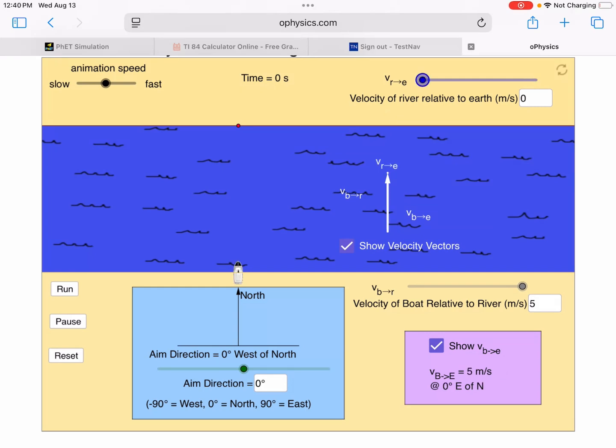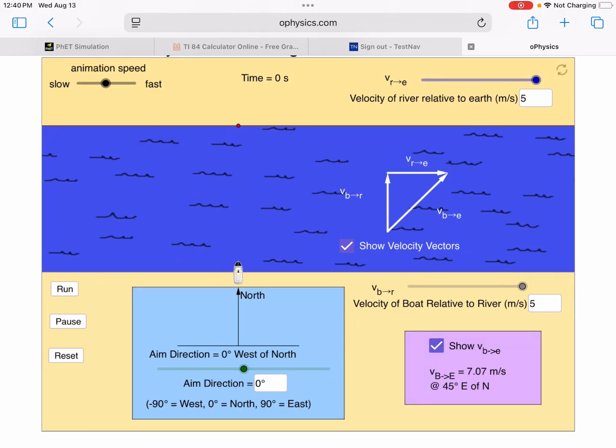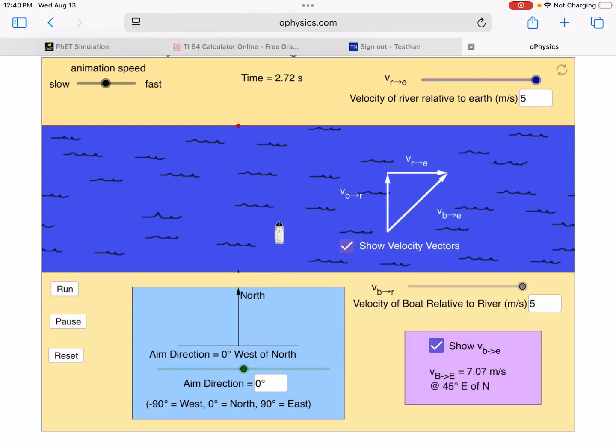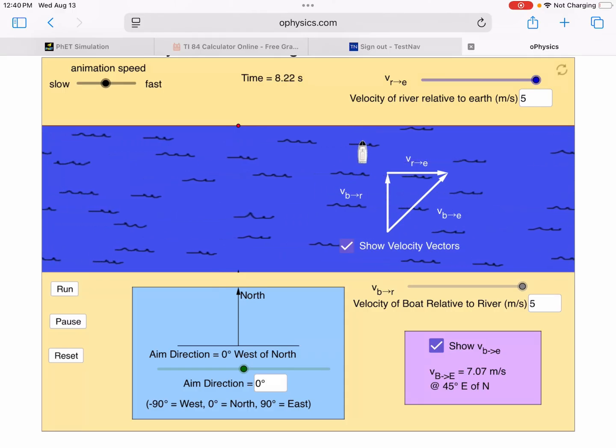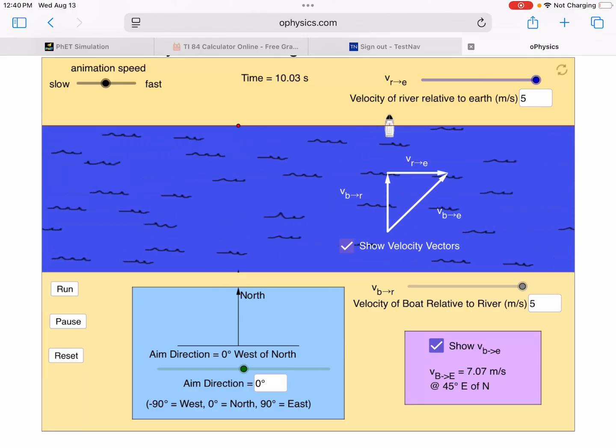So between this situation, where it goes straight across, and this situation, where it aims straight across, but at the same time it's being carried sideways, nothing has changed in terms of the time it took to go across the river because that's a y-axis displacement. And so it's just the y-axis velocity that determines how long that's going to take, right?